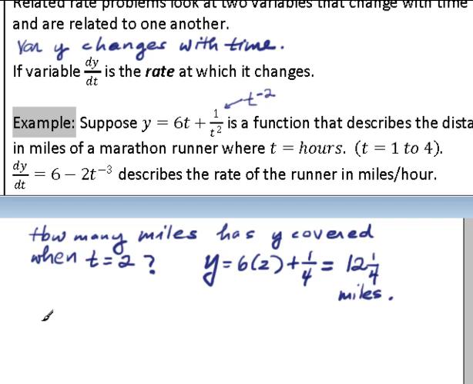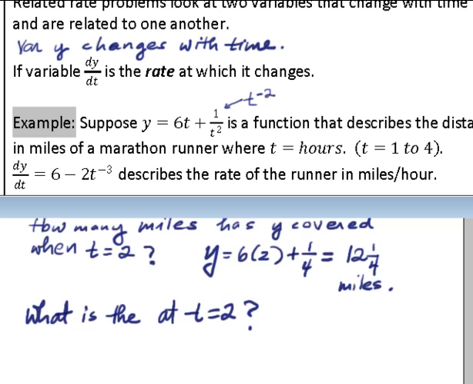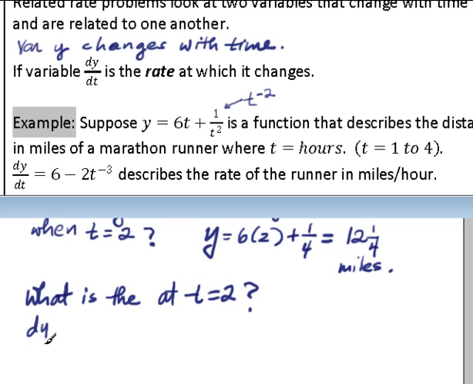All right, and what is the rate at which the runner is running? What is the rate at, let's say, t equal 2? So then we go to the derivative and we say, let me just scroll up a little bit here, dy dt when t is equal to 2 is 6 minus 2 times 2 to the minus 3. 2 to the minus 3 is 1 over 2 cubed, or 1/8.